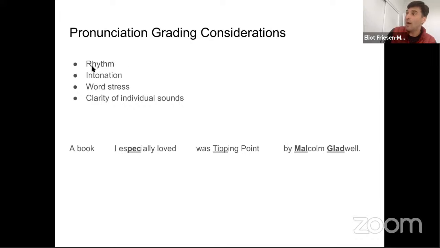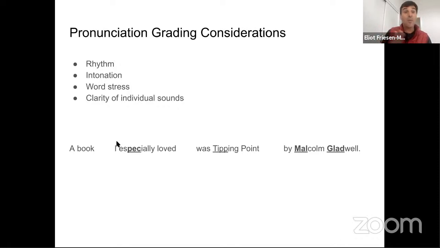Rhythm refers to the pace of the words that you're using, and how in English we emphasize the main word in every little phrase that we say. Our sentence here has sort of 4 different phrase groups, and so my rhythm is I'm going to emphasize the main word in each of these little phrase groups. A book I especially loved was Tipping Point by Malcolm Gladwell.